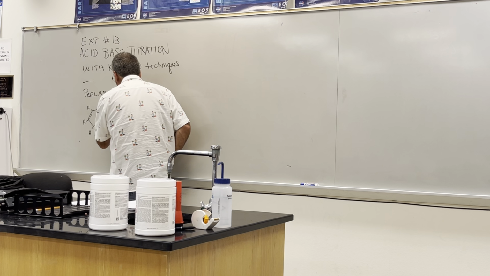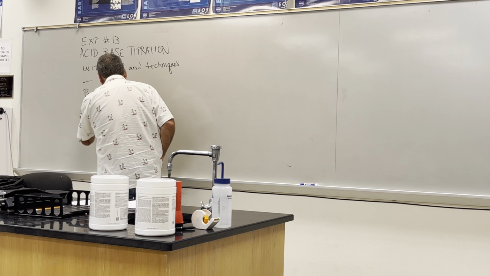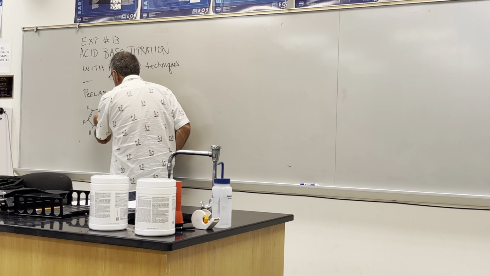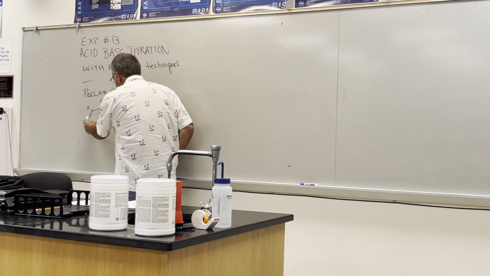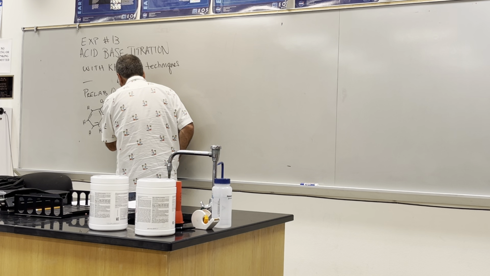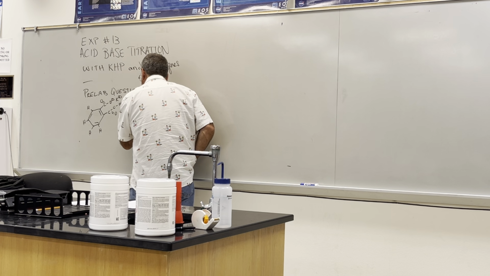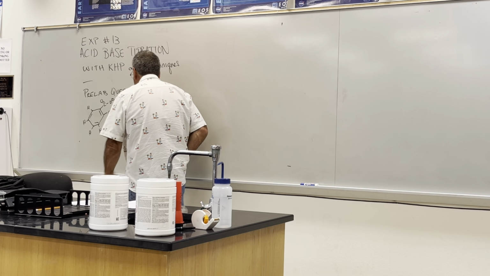And then what do I have? 1, 2, 3, 4, 5 H's. So H5. How many carbons do I have? 1, 2, 2 outside the ring, 6 on the ring. That's 8 carbons. And then I have 1, 2, 3, 4 O's. All right.